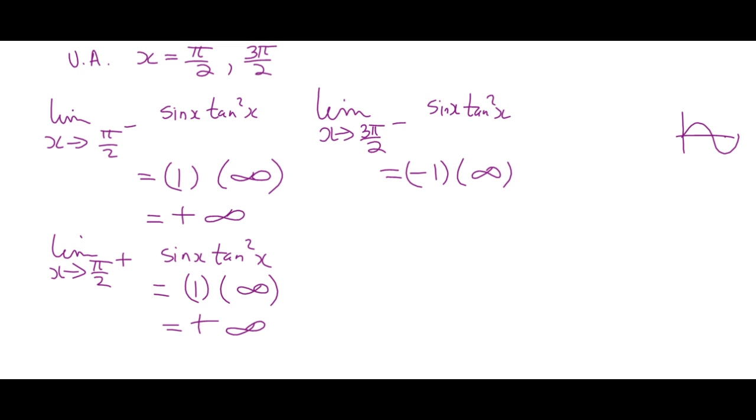And tan squared x is still going to be positive infinity, right? Because we're squaring it. So this will be negative infinity, and this will not be any different, will it? And infinity, -1.